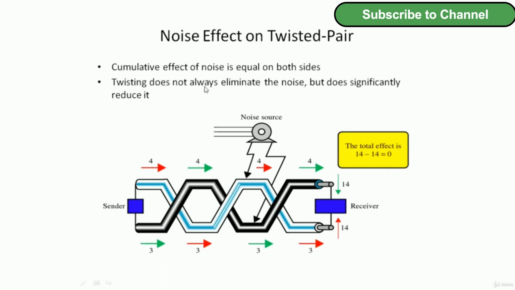That is, the cumulative effect of noise is equal on both sides. Twisting does not always eliminate the noise, but it significantly reduces it, meaning it does not completely remove the noise, but it reduces it. Okay.